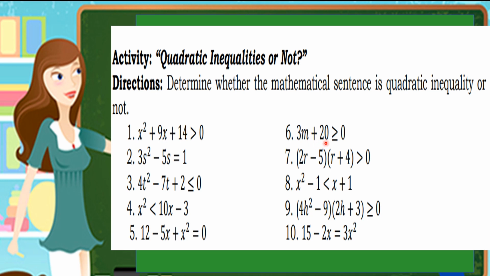Okay, next number 6. 3m plus 20 greater than or equal to 0. Quadratic inequality or not? Okay, so the given is not a quadratic inequality. Why? Even if we use the less than or greater than symbol, or the inequality symbol, class, this is not an example of quadratic inequality because the highest exponent of the variable is 1, not 2.